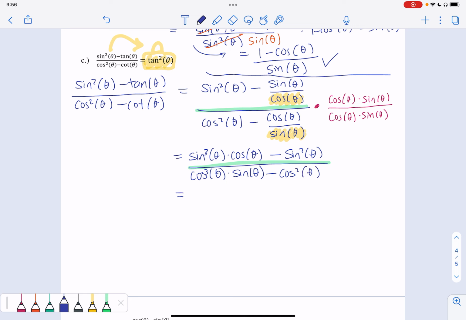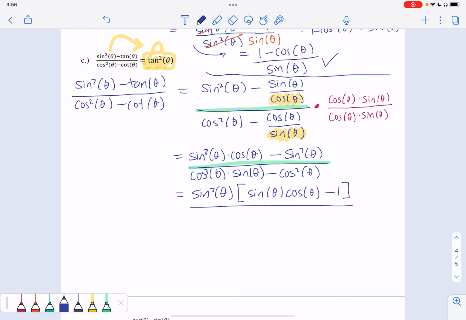All right, not quite. Let's try now applying factoring because I'm seeing some common things and that could help us. So the numerator, the greatest common factor is sine squared theta. If I pull that out, the first term leaves sine theta cosine theta minus 1, all over, well, in the denominator, the greatest common factor is cosine squared theta. Let's see what that leaves behind in each term.